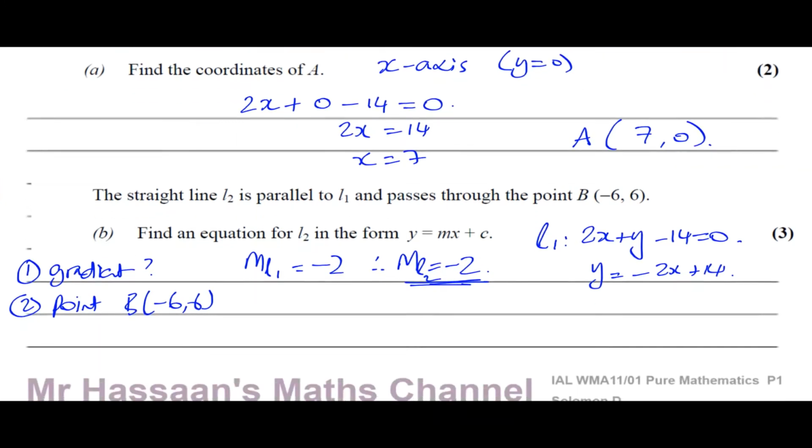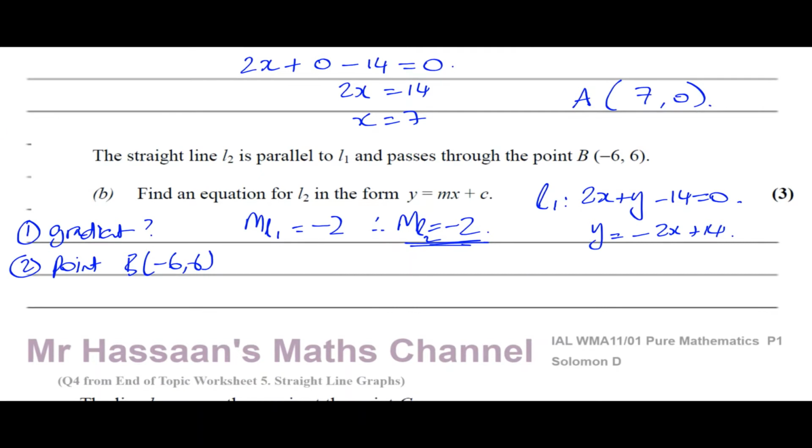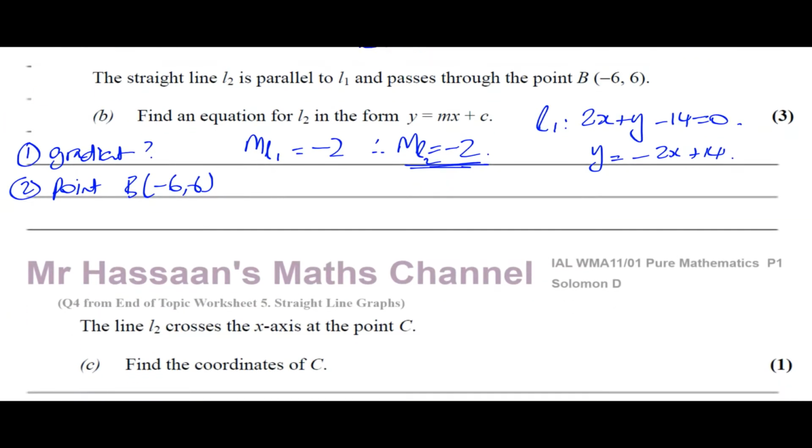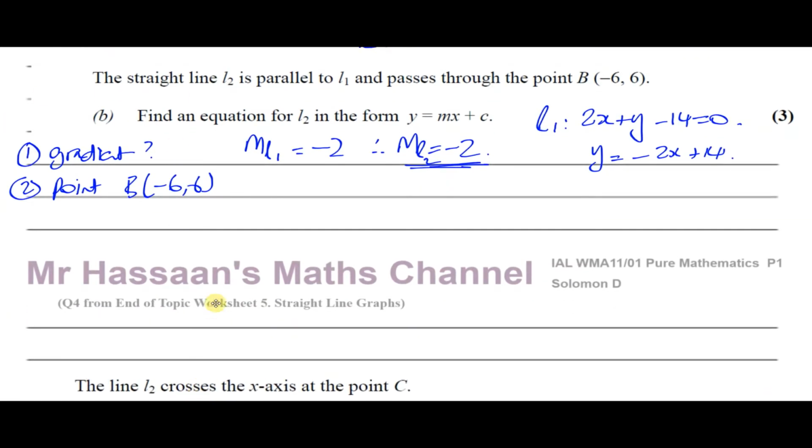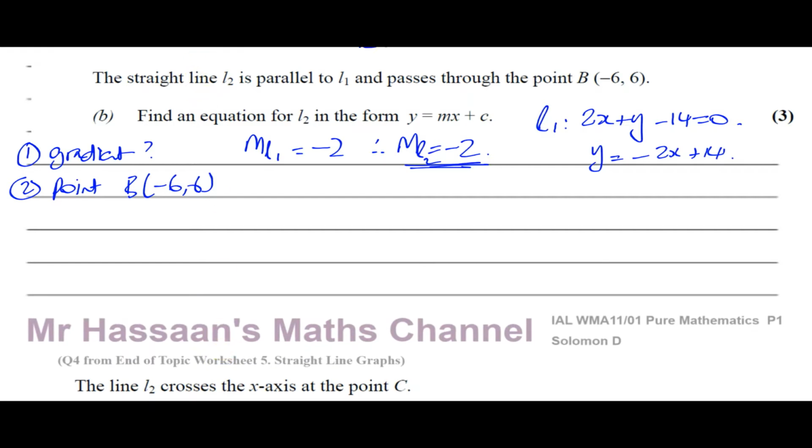So we can find the equation of the line quite easily by using y minus y1 equals m times x minus x1. So y minus 6, which is y1, equals m, which is minus 2, times x minus x1. So it's x minus minus 6, which is x plus 6.